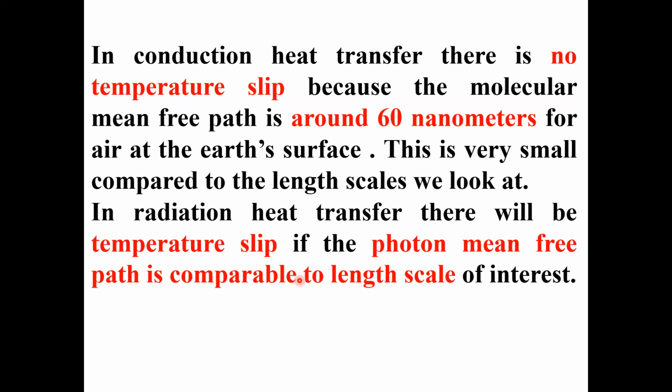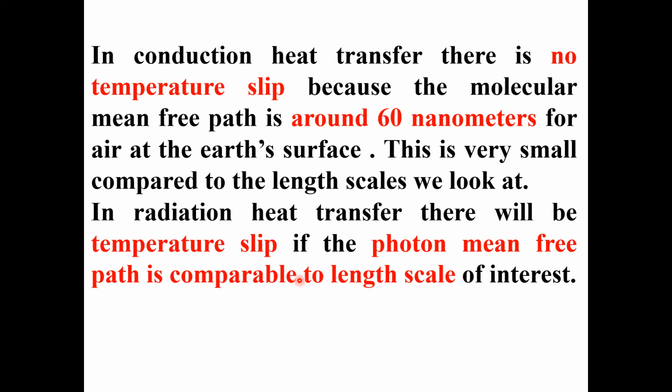The photon mean free path can vary a lot. And in the Earth's atmosphere, the photon mean free path can be anywhere from 1 millimeter to 1 kilometer, depending on the wavelength you are looking at. So this is what makes radiation transfer more complicated than conduction, that simultaneously the photons can have very short and very long mean free paths.